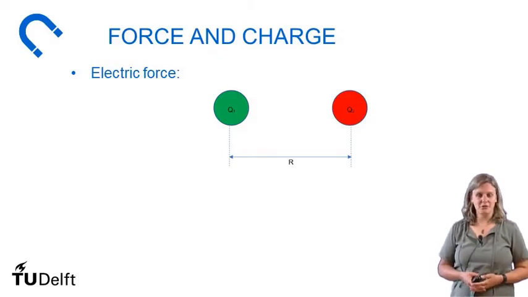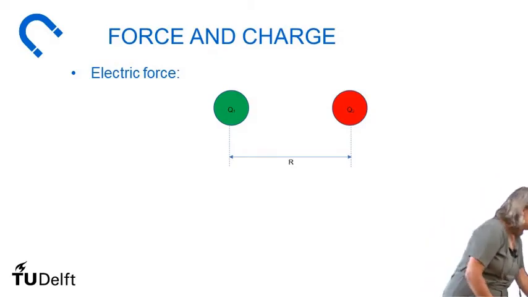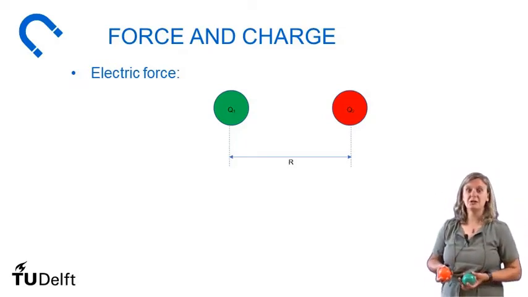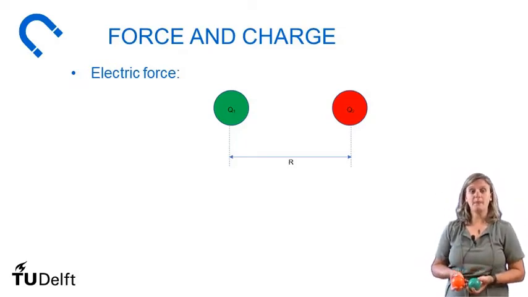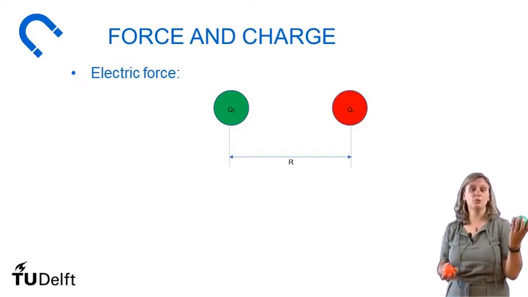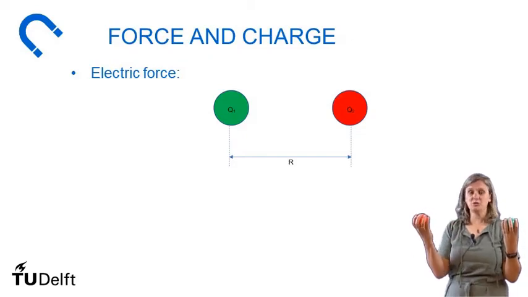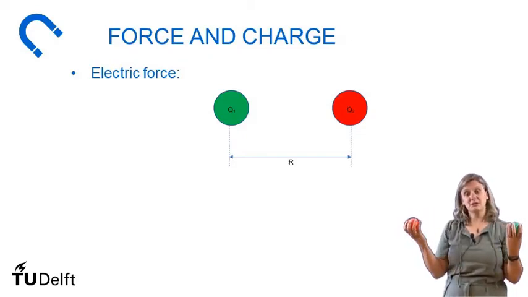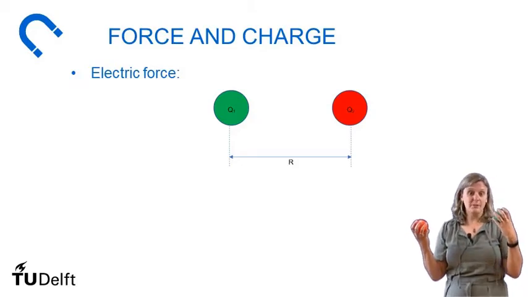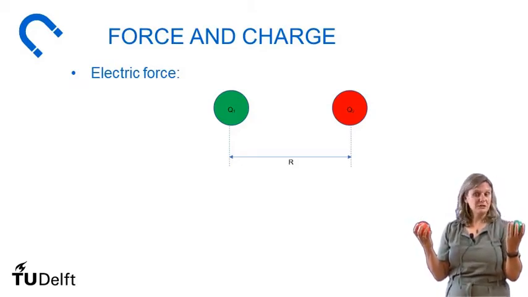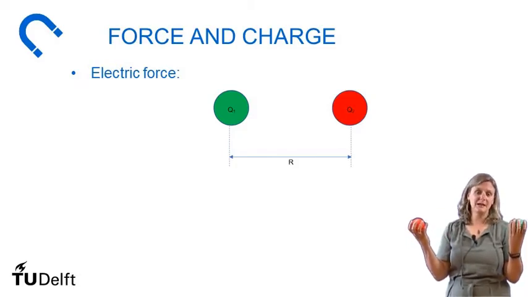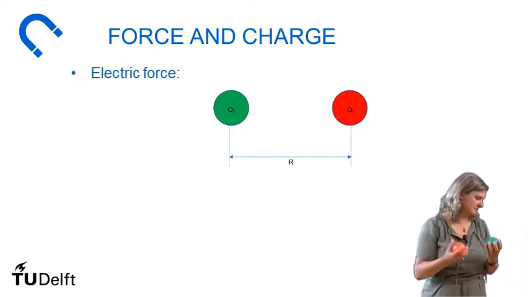So, electric forces. All of us have, one way or the other, heard about electric forces around us. For example, if we have one charge, in this case Q1, and another charge Q2, at a certain distance from each other, we all know that if Q1 is positive and Q2 is negative, they will attract each other.